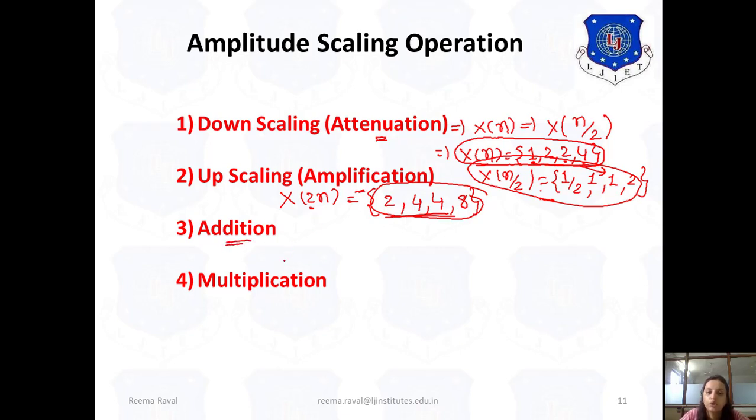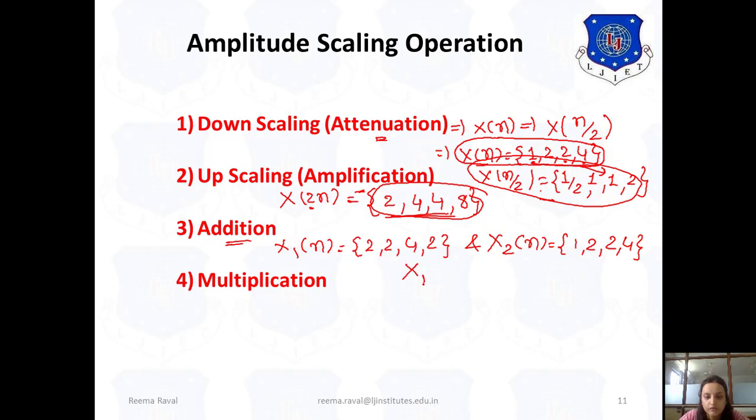Now if I want to perform addition, it will be the simple addition of the two signals. Let's say for example x1 of n, the first signal, is 2, 2, 4, 2, and the second signal x2 of n is 1, 2, 2, 4, right? If I want to perform the addition of these two sequences, x1 of n plus x2 of n, it will be the addition at that particular timing instant only.